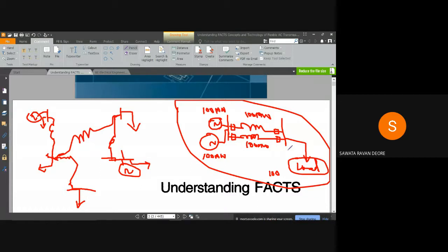So in short, what I want to say is that every utility has interconnection in its region, and then there is an interconnection between utilities. These utilities have interconnection with each other. We can call it the inter-utility interconnection.